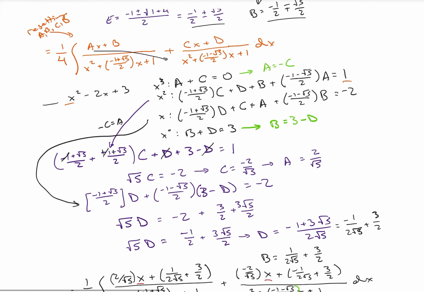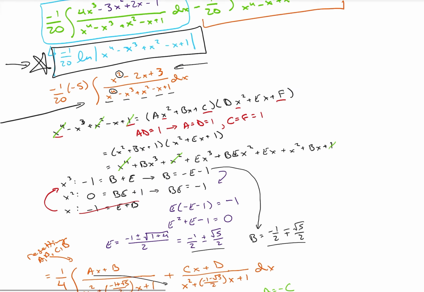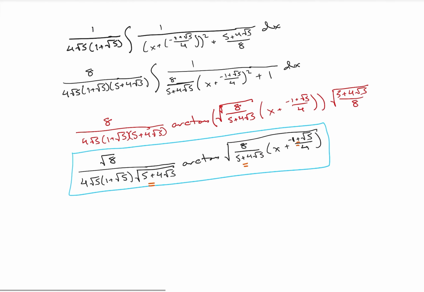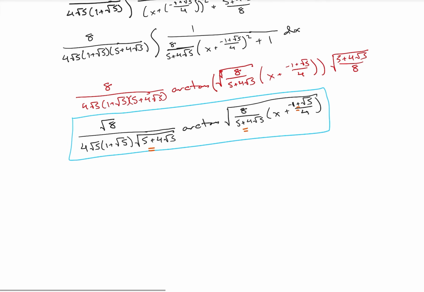So we noticed that we had a few pieces. So we had this natural log up here, this other natural log. Then we came down, we solved for a third natural log and an arctan. And we can put all of those together.